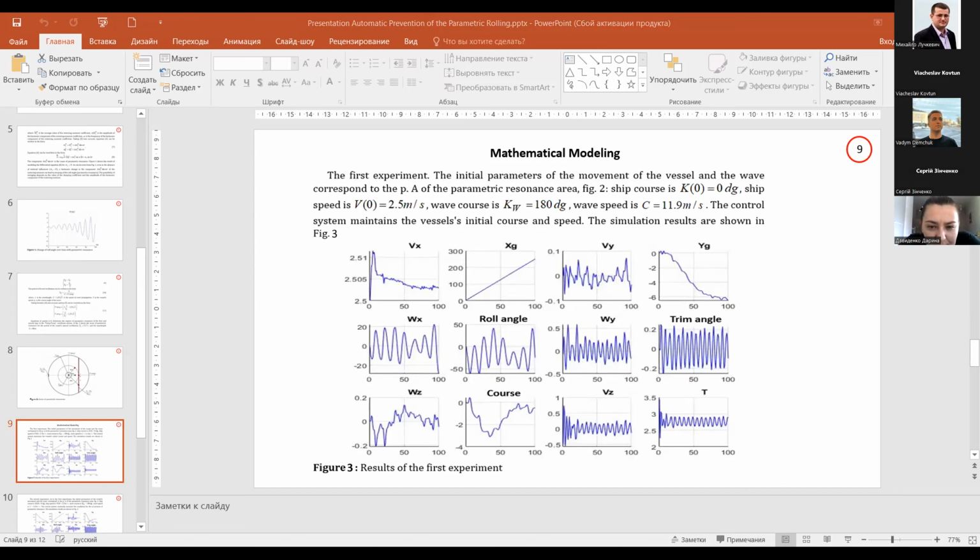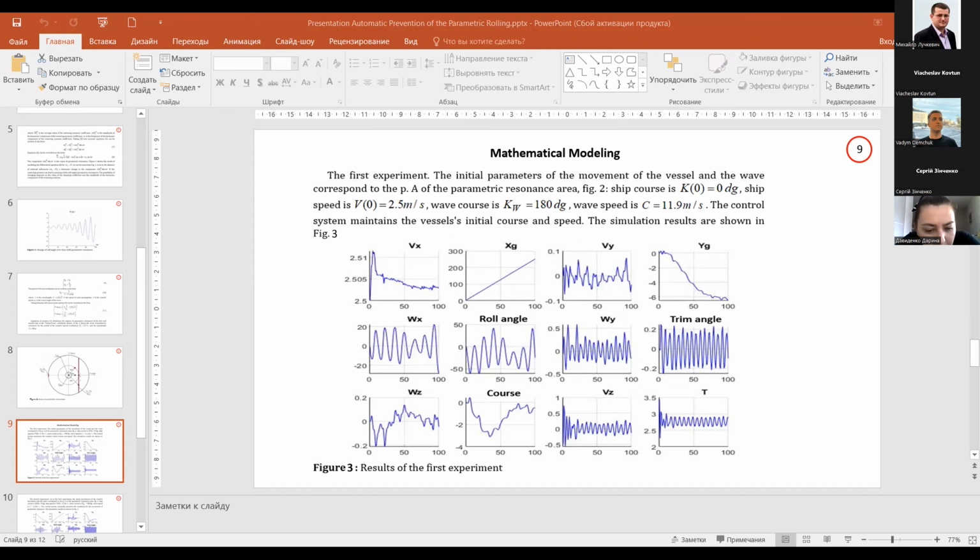Second, the workability and effectiveness of the method of automatic parametric resonance prevention are verified by mathematical modeling in the MATLAB environment. In the first experiment, the initial parameters of the vessel and wave movement correspond to point A of the parametric resonance area, figure 2.